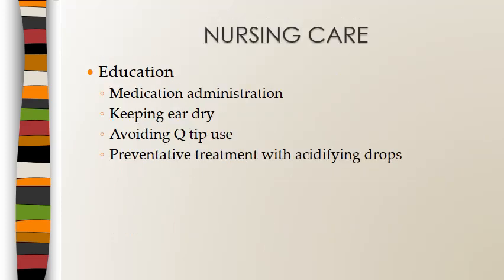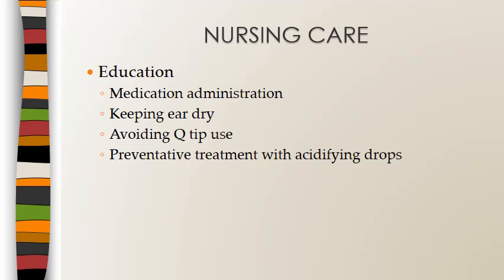So nursing education is important. Once again, medication administration, teaching the parents how to administer ear drops. Remember that for children less than 3, we need to pull the ear down and back. When they are older, we pull the ear up and back.